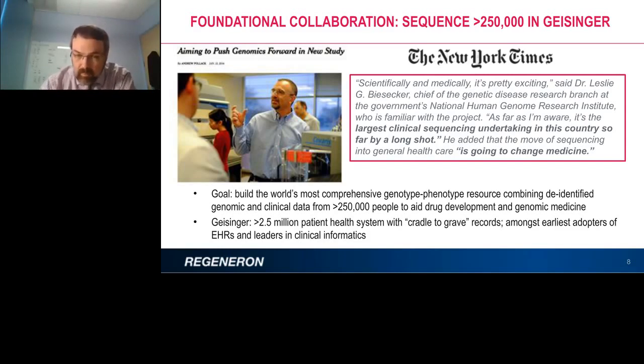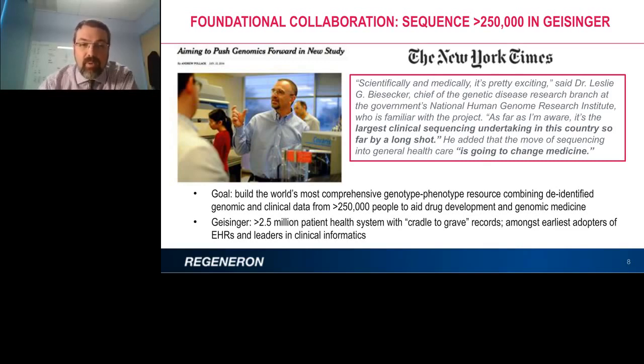This would aid, for our part, in the drug development efforts and in trying to understand biology and disease better, and for Geisinger's part, it gives them research data that they can do clinical validation on and report back to patients so patients can improve their care and really deliver on some of the promise of personalized medicine. Now, Geisinger is a phenomenal healthcare system.